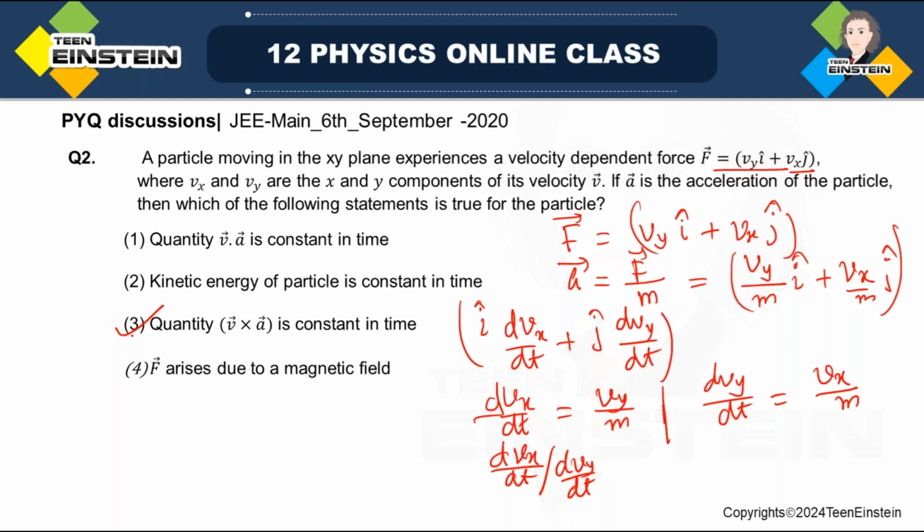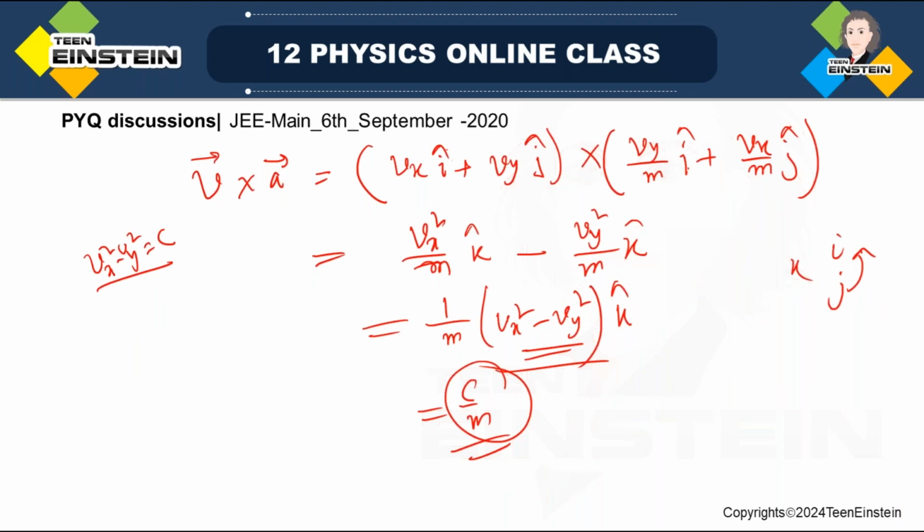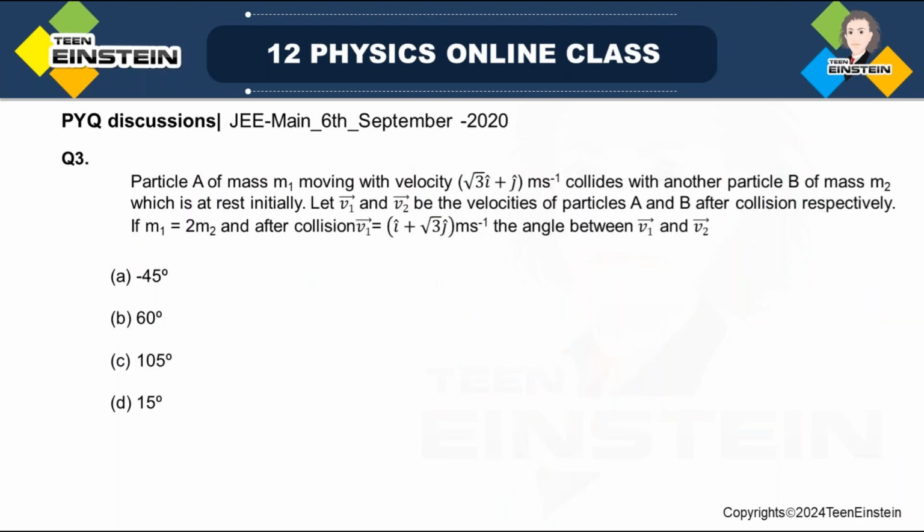Okay, so let us go to the next problem. So this problem is again an interesting problem. A particle A of mass m1 has velocity given already.